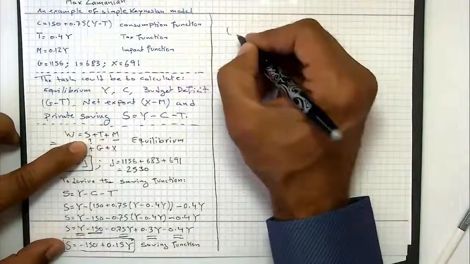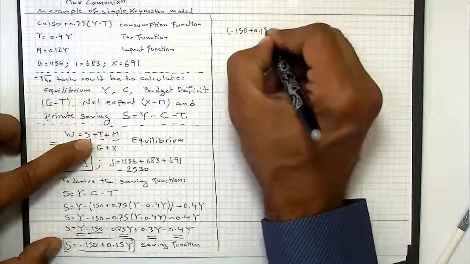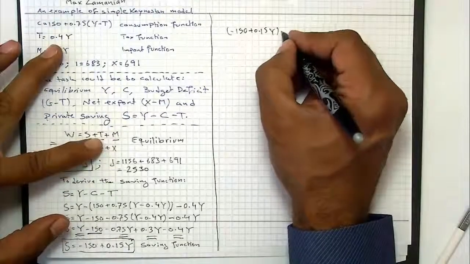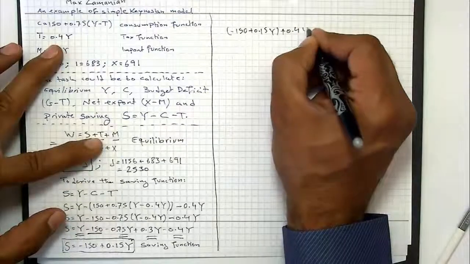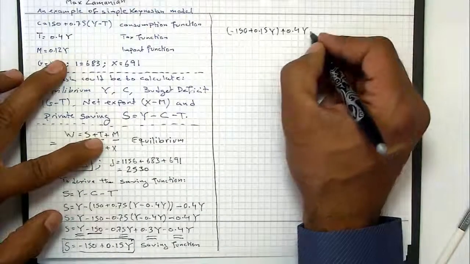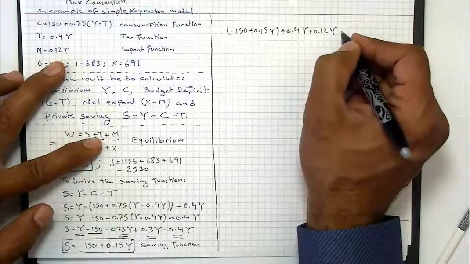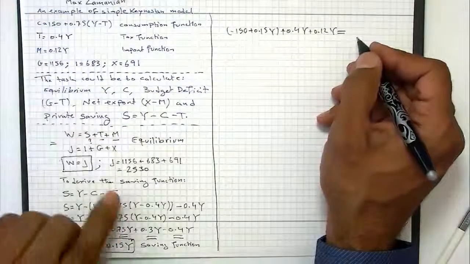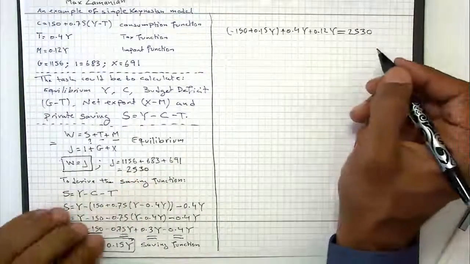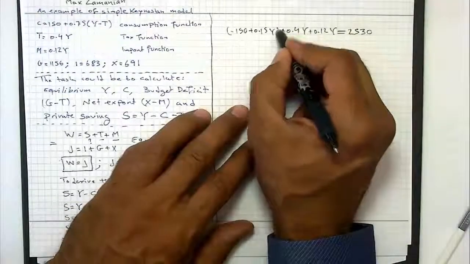S function we have here minus 150 plus 0.15 Y, and then T function is given from here plus 0.4 Y, and M function is plus 0.12 Y. And according to equilibrium, this must be equal to injection, which is 2530. Well, I don't need these parentheses here. I can just get rid of them.